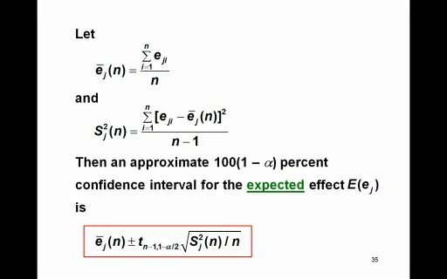We multiply that by a t critical point with n minus 1 degrees of freedom because we have n independent replicates. I don't think I actually showed the picture here because of lack of time, but that is the t critical point with n minus 1 degrees of freedom, leaving alpha over 2 of the area in the right tail. You can look that up in a table, and any statistics book or Excel can compute that for you.